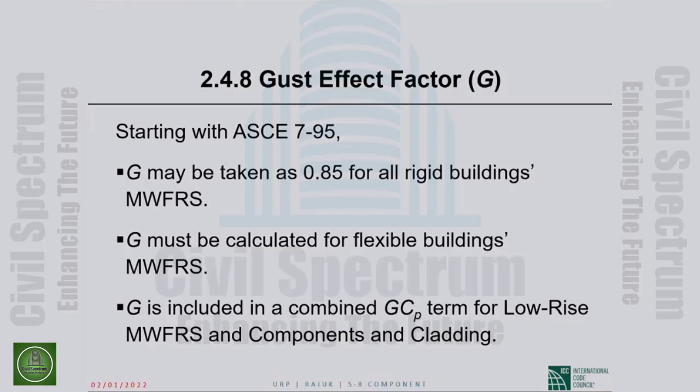So I had a flexible building by definition of AC 7, had to calculate gust effect factor, calculated it, and felt pretty terrible that an hour and a half of labor had taken me from a gust effect factor of 0.85 to 0.87.